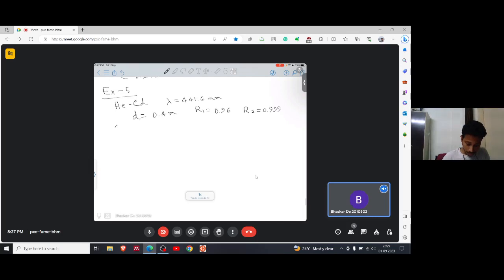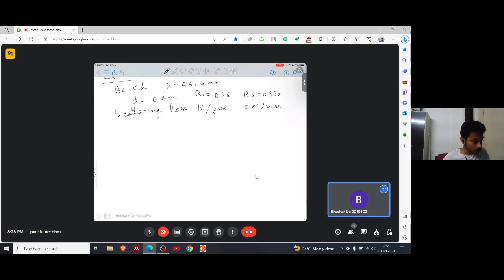So scattering loss 1% per pass, that means 0.01 per pass.